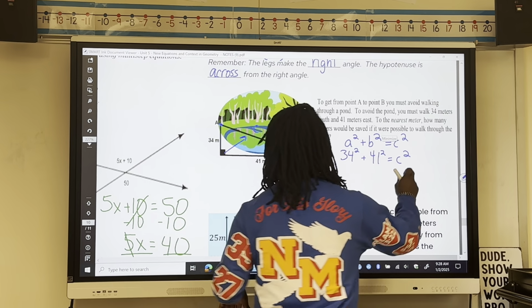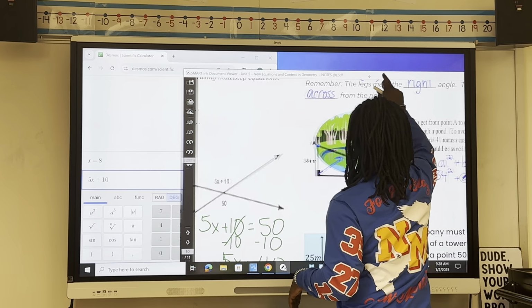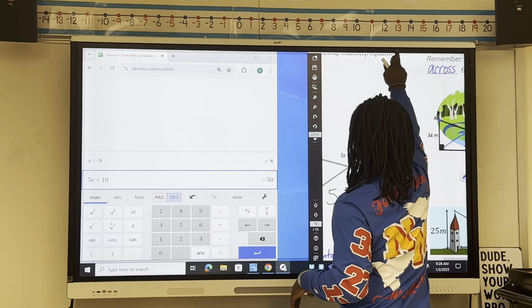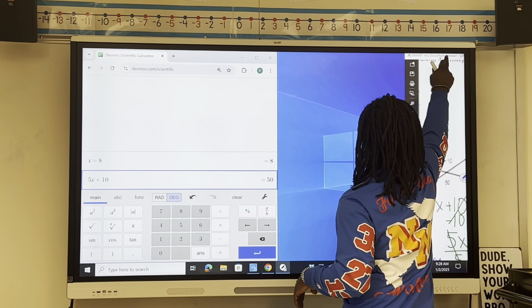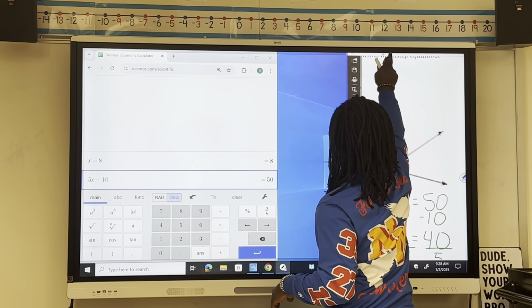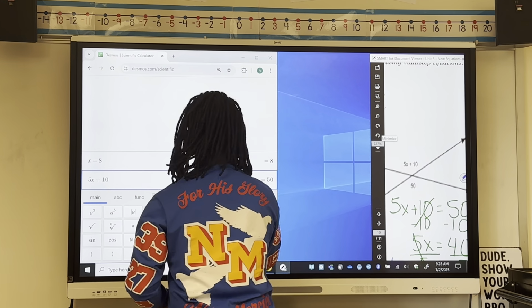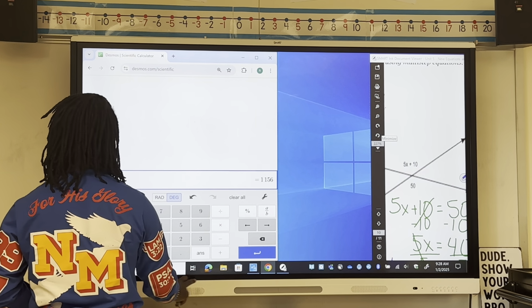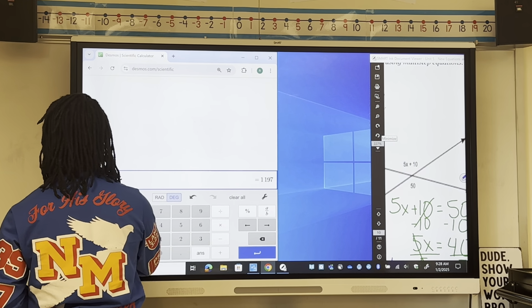So I'm going to go to my calculator and plug in 34 squared plus 41 squared.